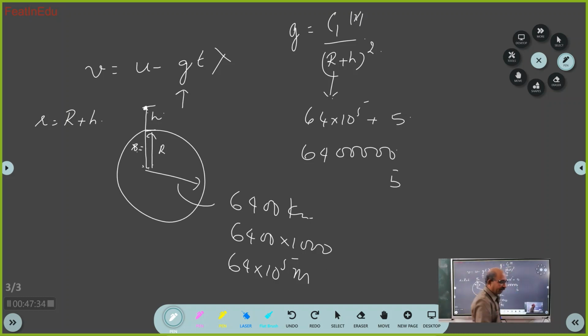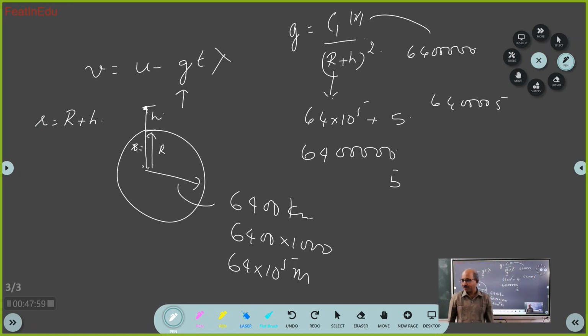If you divide GM by 64 followed by 5 zeros, you will get some number. Now the same number you divide by 64,00,005. What will be the difference? Very slight. 0.0000 at some point.